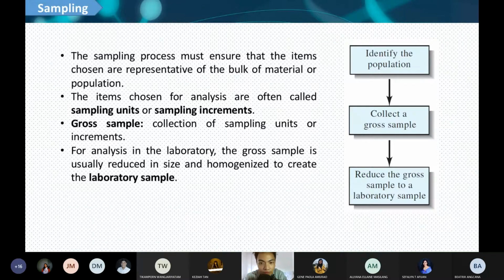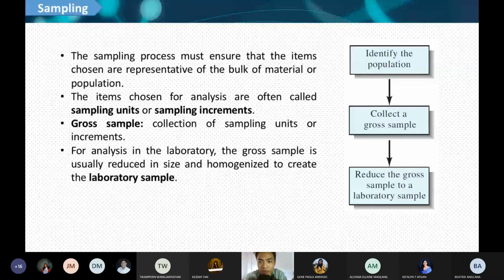For example, in doing blood chem, you already have a 5 ml vial of blood. You're not going to analyze all of that 5 ml. You're going to pipette out just a few ml from that sample when doing analysis. So you're not going to use whatever you collected from the person. Urinalysis is the same.